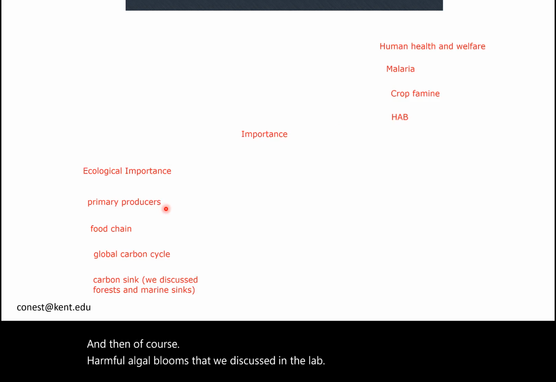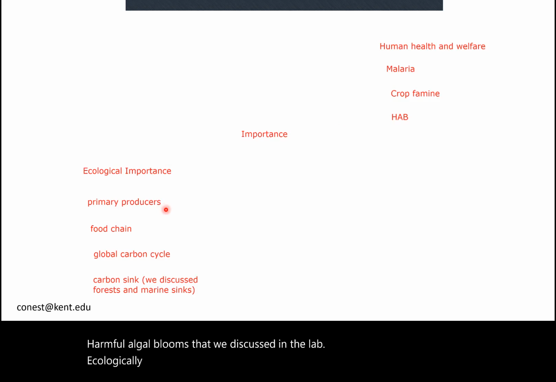Ecologically, protists can be the primary producers. The book has a great example of how protists affect marine life and help build the food chain.